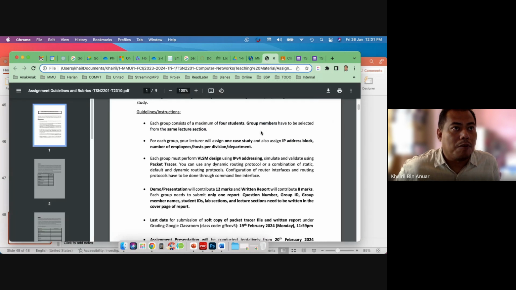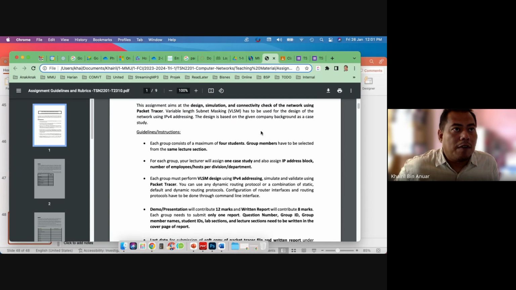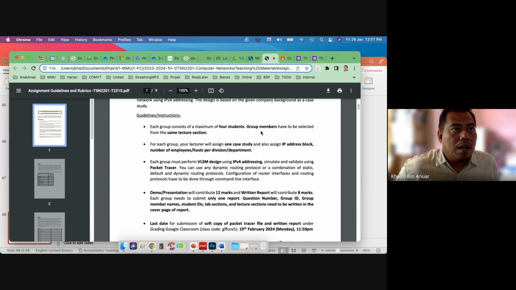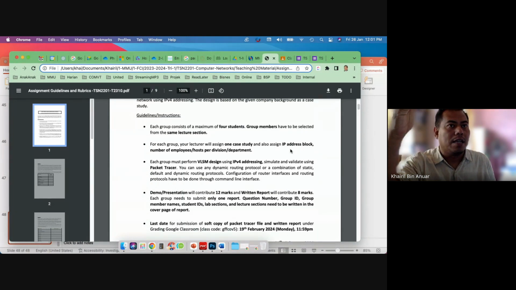But I just want to make myself clear that for the assignment, those who already emailed me, I've already given you your group and the question number. So you have to relate to that group and the question number. If you receive the email, the first group is the one that I've mentioned, because I think it's a bit confusing when I have other group numbers.